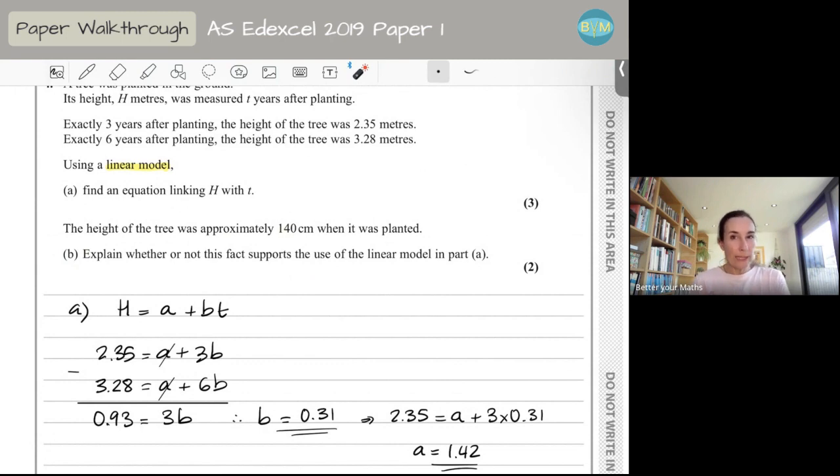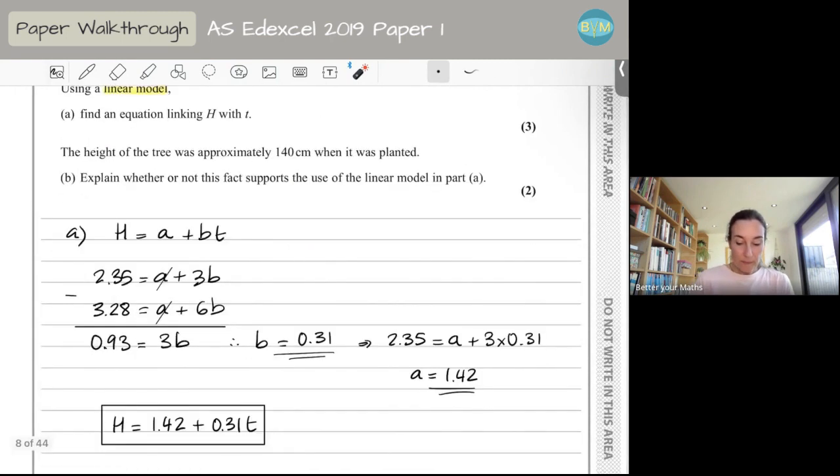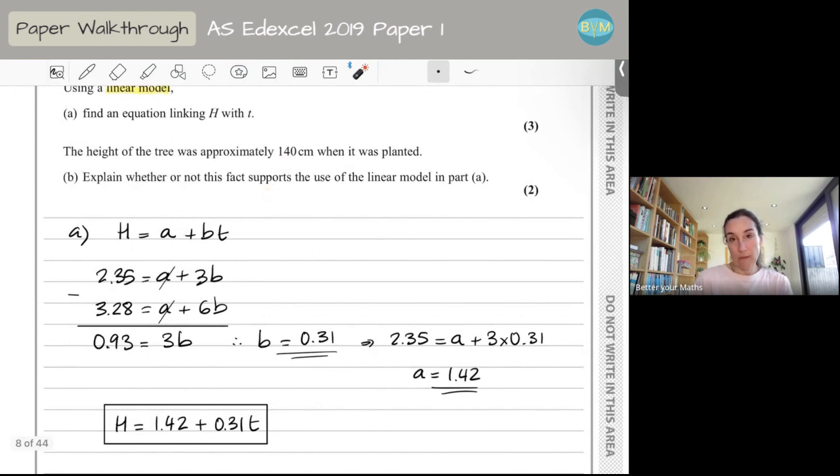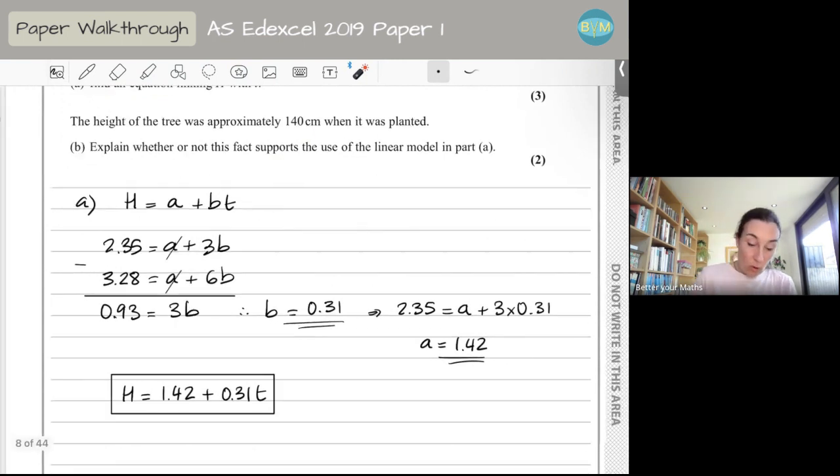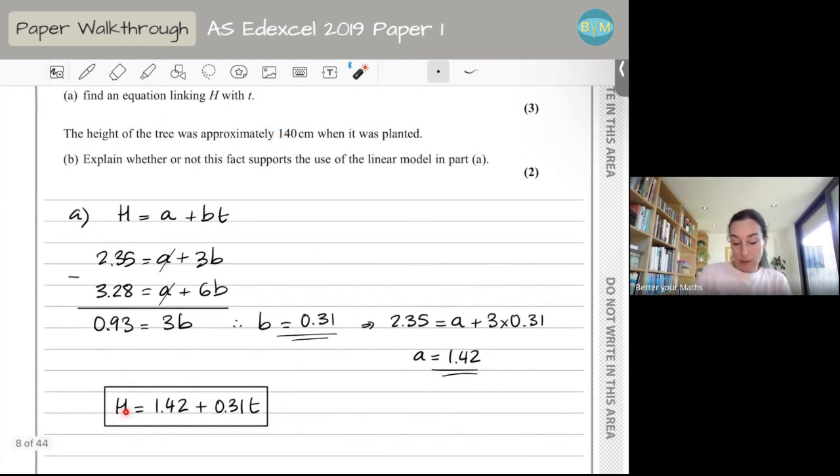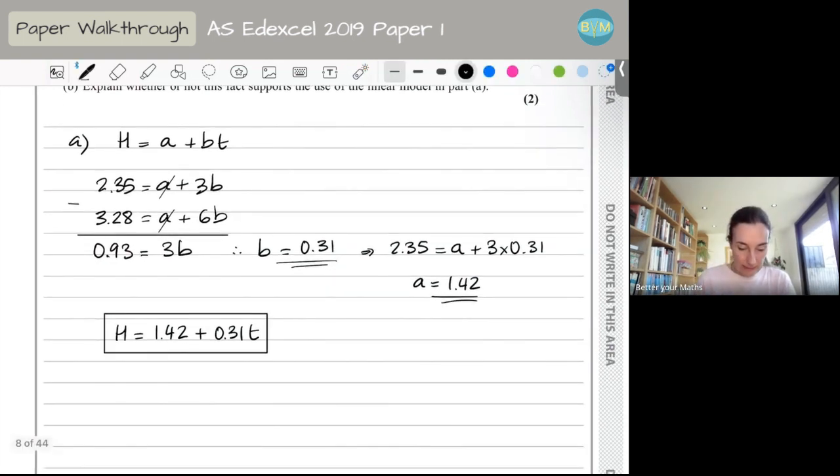So what we can do is find the height of the tree when t is 0, because when it was planted, t is 0. And compare with the height of the tree. Or substitute the height by 140 and see what t is. But I think it's easier to substitute t by 0 because the equation becomes easier.